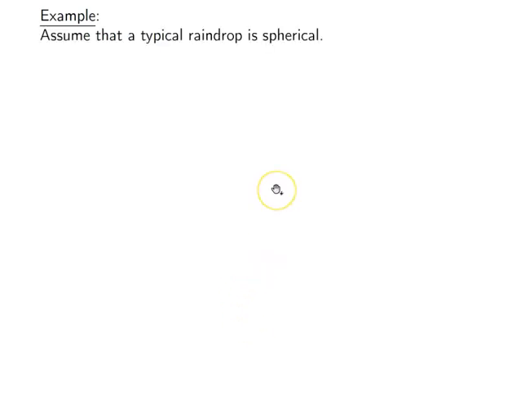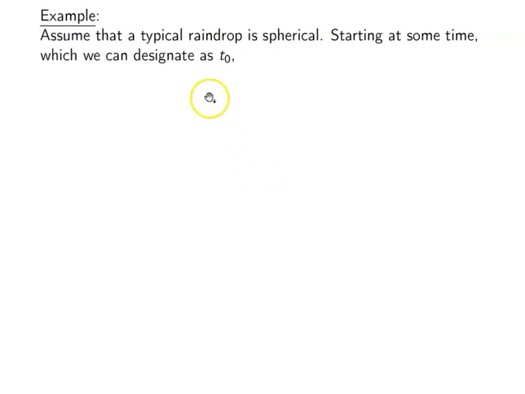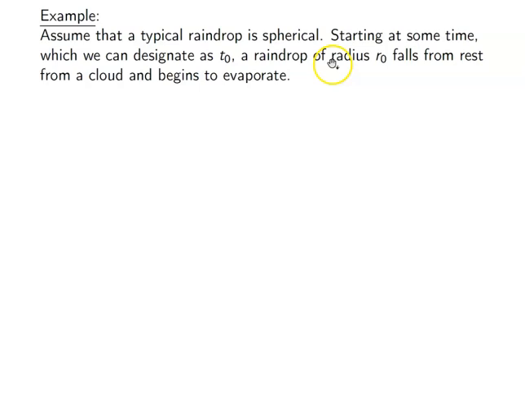The first one is, let's assume that a raindrop is spherical in nature. Starting at some time, which we can call t naught, a raindrop that has a radius of r naught falls from rest inside of a cloud.